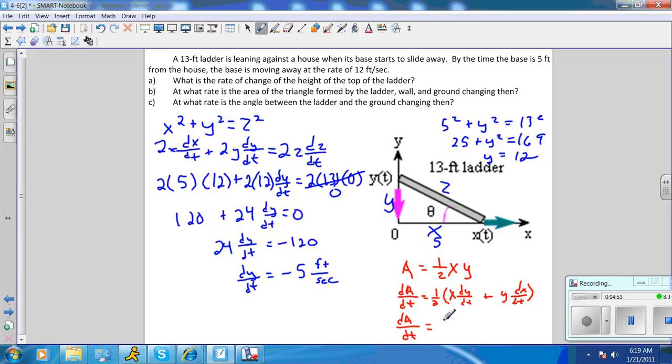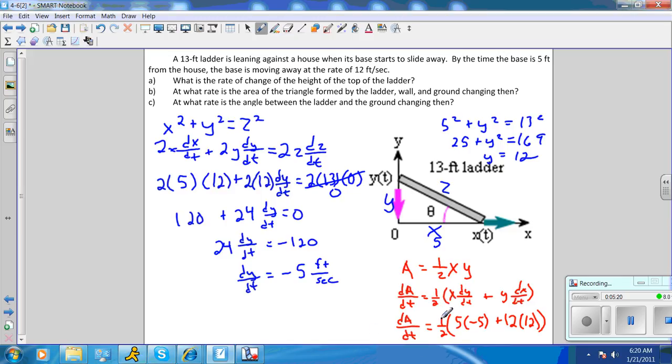It equals half x, which we wanted to be at 5, times dy/dt, which we just figured out was -5, plus y, which we said was 12, times dx/dt, which we said was also 12. So we'll multiply this out.